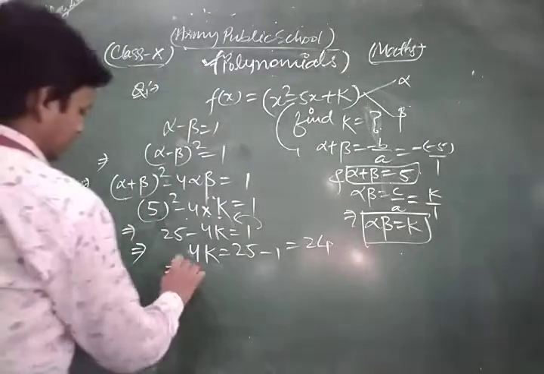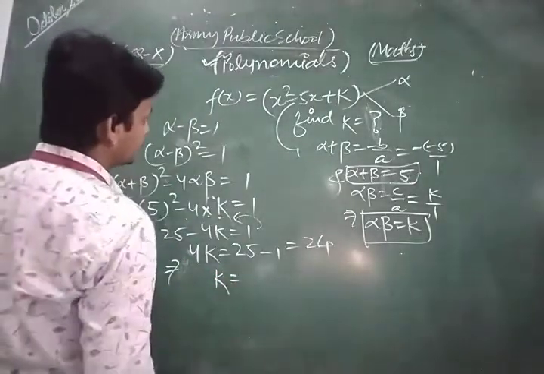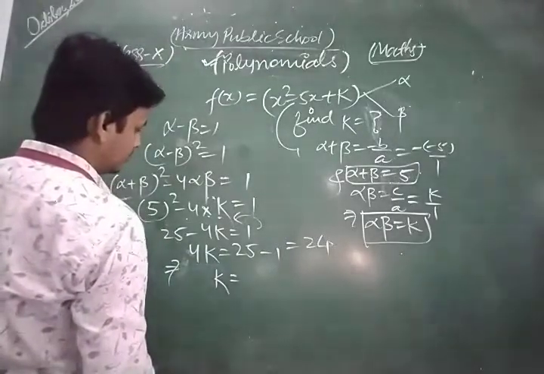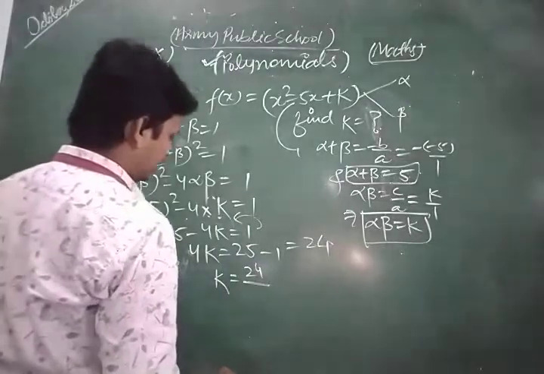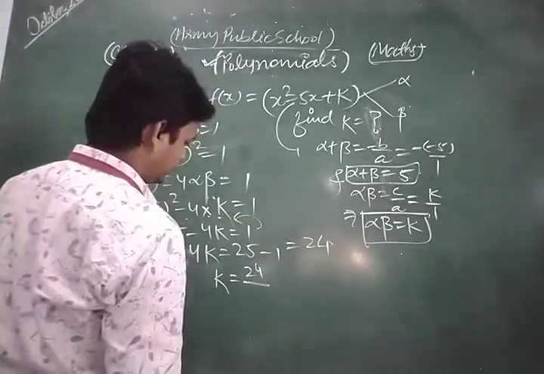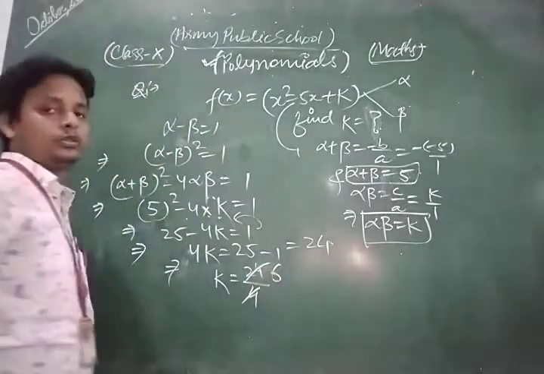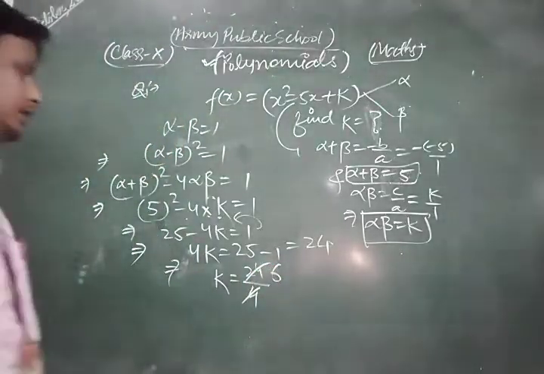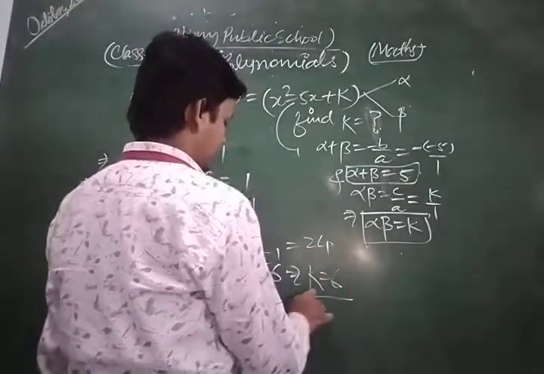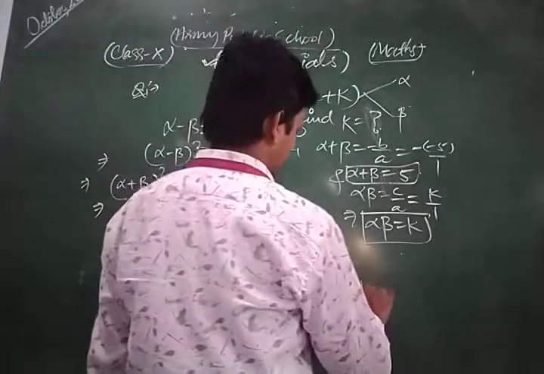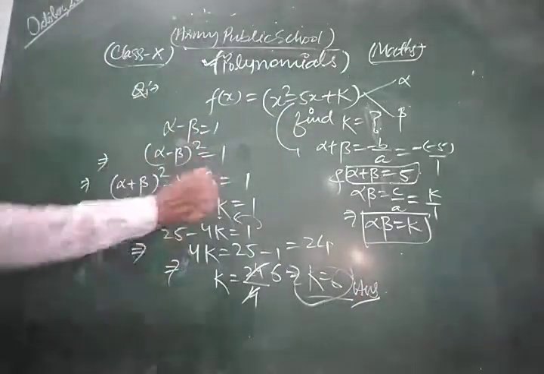So k = 24/4, that is 6, since 4 × 6 = 24. Thus the value of k is 6. This is the required solution of the given question.